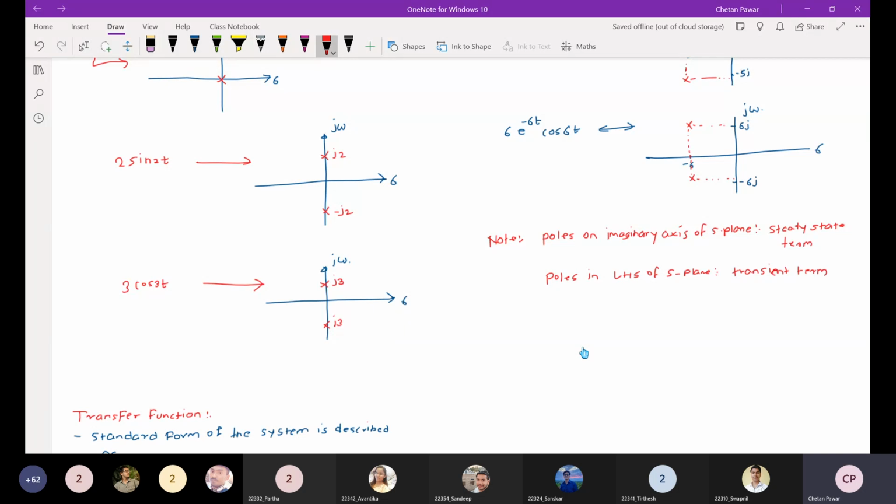Otherwise it gives the transient term. Okay, so this is one note here. So in this way you can identify the steady state term and the transient term.